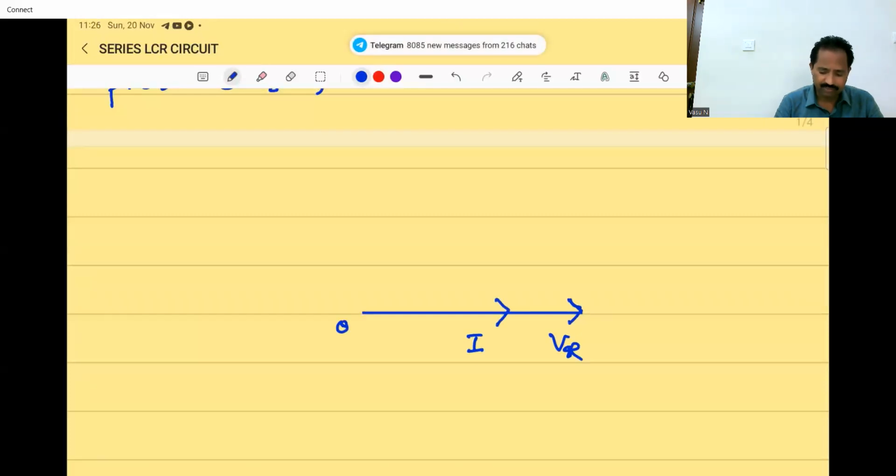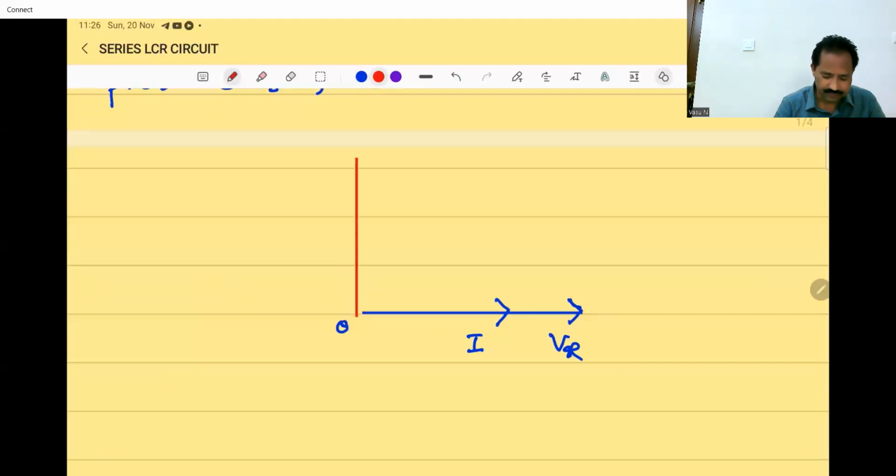Now in case of inductance, voltage leads current. So current is along the x-axis. Voltage leads current. Look, it should be drawn like this.